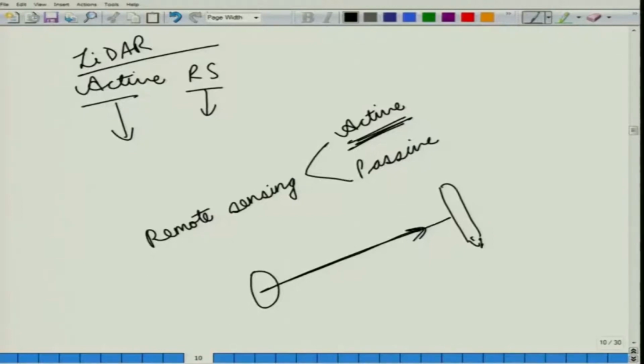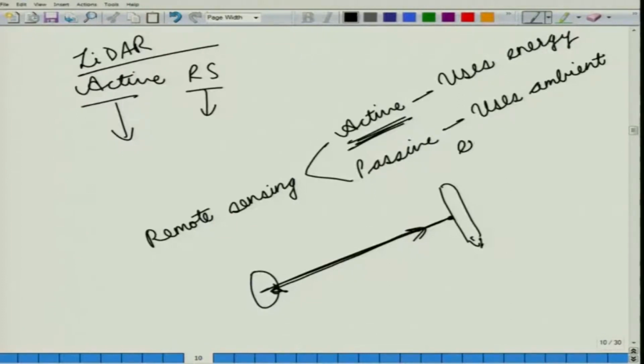Now, those laser lights would then interact with this object and then be reflected back, and then I would measure them again. So, that sort of remote sensing is one in which we are using energy. So, active uses energy, passive uses ambient energy or the sun's energy.